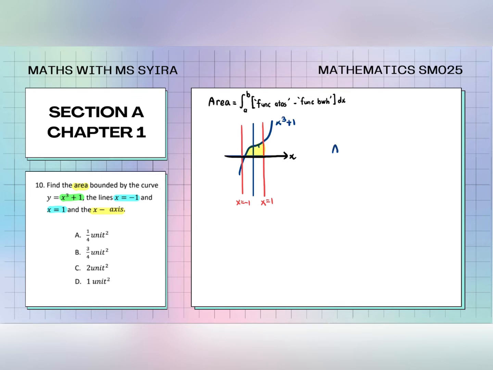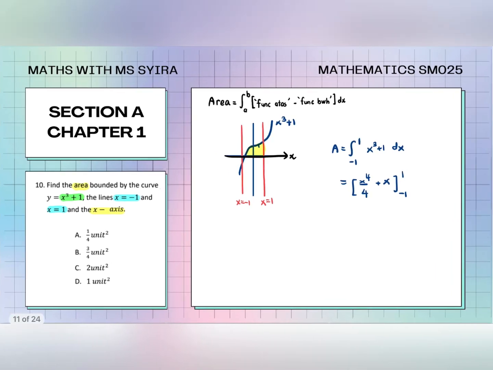Area kamu adalah kita akan integrate daripada negative 1 until 1. So memandangkan here kat sini function atas adalah X cube plus 1. Function di bawah dia adalah 0. So directly kita integrate X cube plus 1 sahajalah. Okay. So it will be X to the power of 4 over 4 plus X. Masukkan nilai negative 1 until 1.